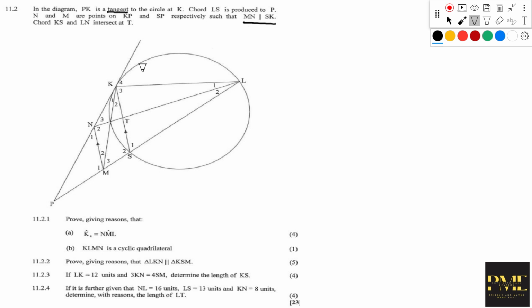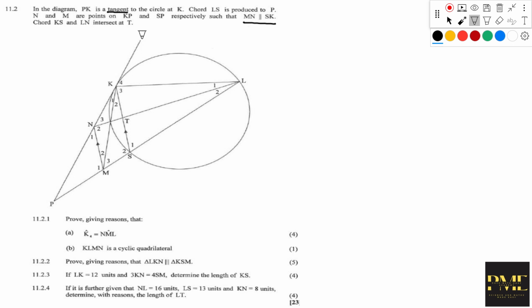You guys will actually see what I mean. All right. So notice here that we proved the tan chord theorem, so we're going to be looking at that theorem in this case as well. Look at the angles made by PK with the chords, and the same chords subtend the same angle at the circumference.